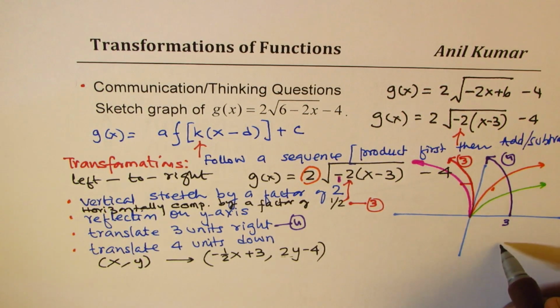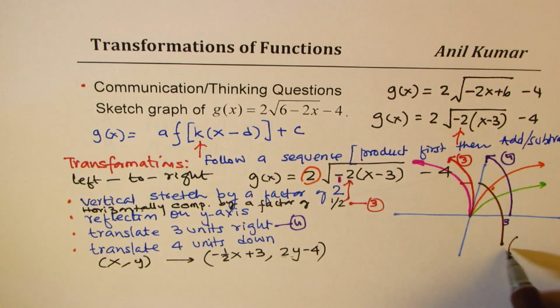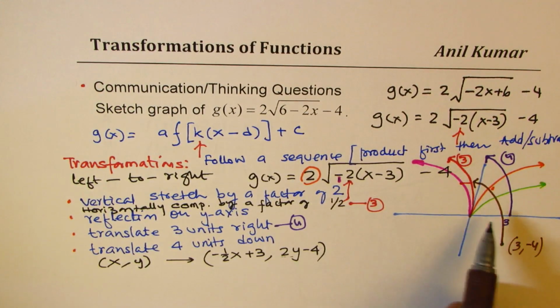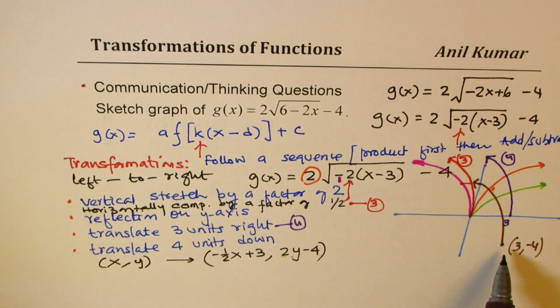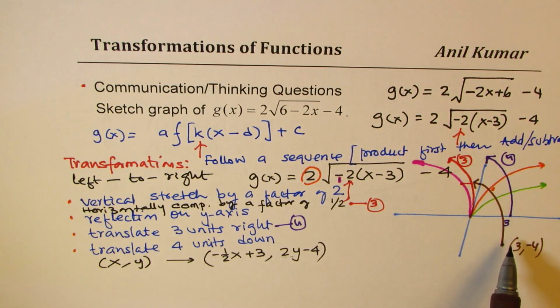So bringing it down by 4 units, it could be kind of like this. Do you see that? Where this point happens to be at 3, minus 4. Do you get an idea, right? So that becomes your transformed graph of square root function, very much stretched, right? So that is how you could sketch it.